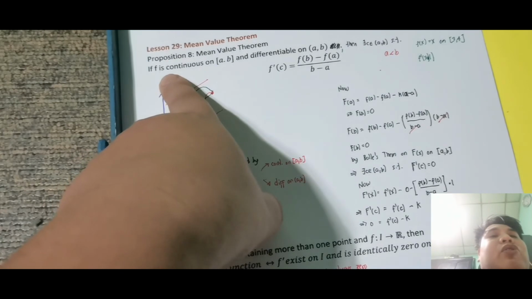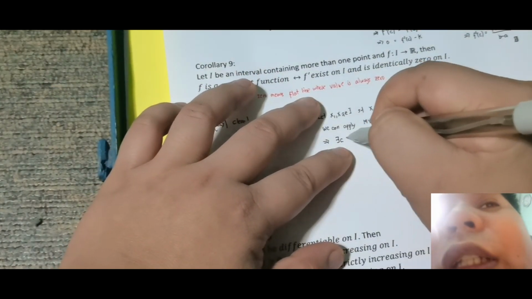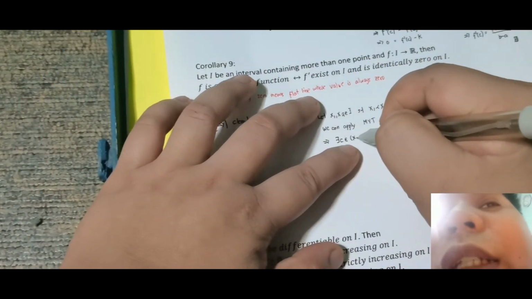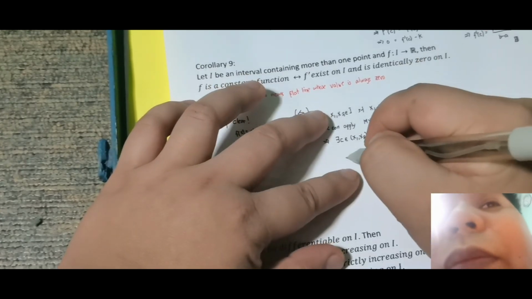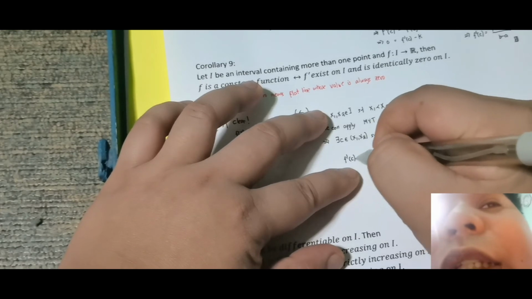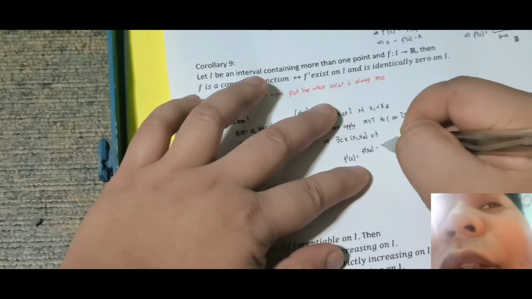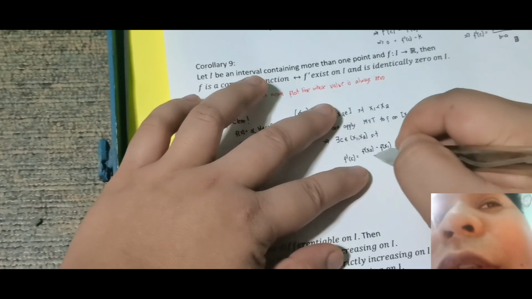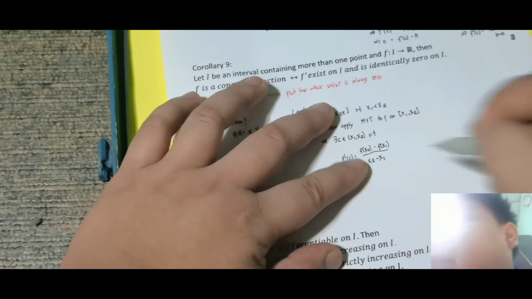Ano sabi ng conclusion ng MVT? Ang conclusion niya, there exists c element ng open interval x sub 1, x sub 2, such that f prime of c is equal to f of x sub 2 minus f of x sub 1 all over x sub 2 minus x sub 1.